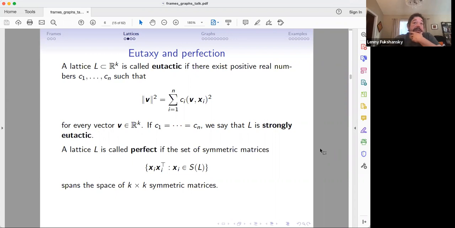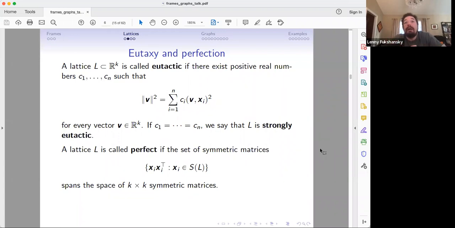Okay, so notice that both the eutaxy and the perfection condition at the very least require my set of minimal vectors to be sufficiently large. Well, in fact, not just sufficiently large, but also to contain enough linearly independent vectors.